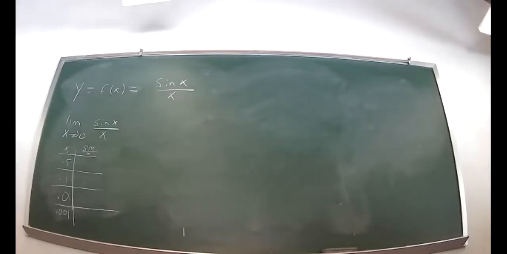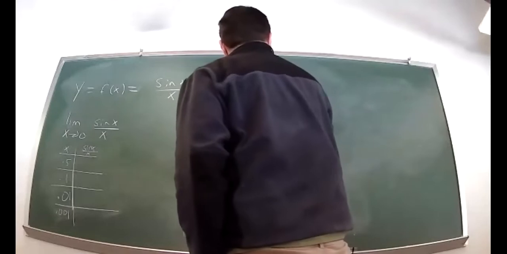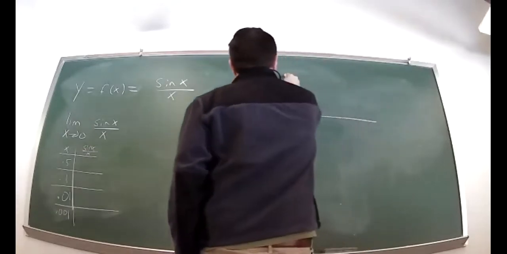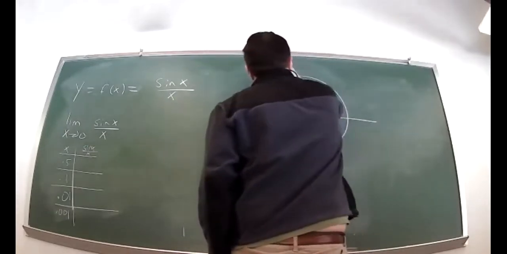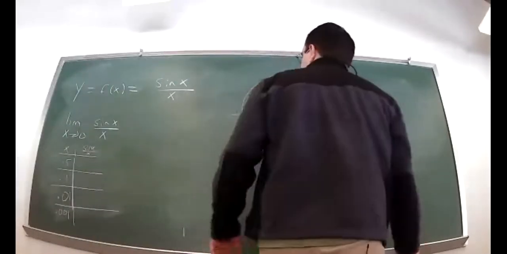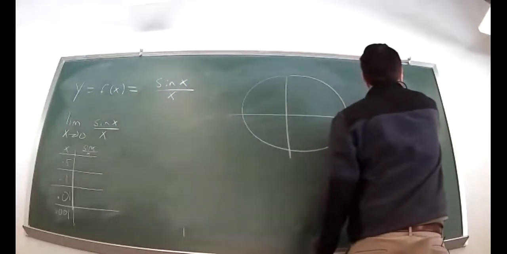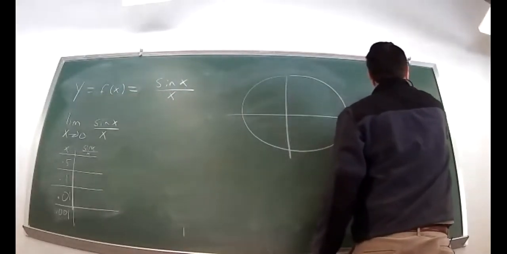I'm going to try to show a couple different perspectives on this. One perspective is the unit circle perspective. In this case, you often call x by theta.